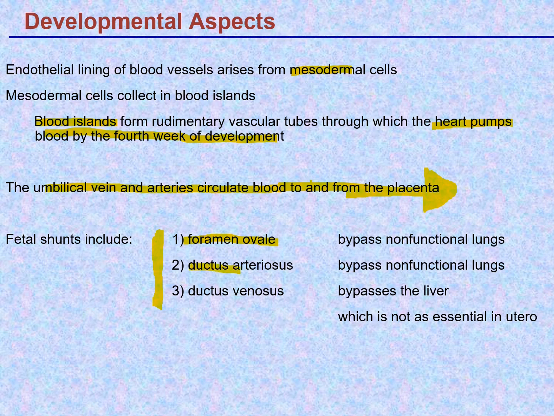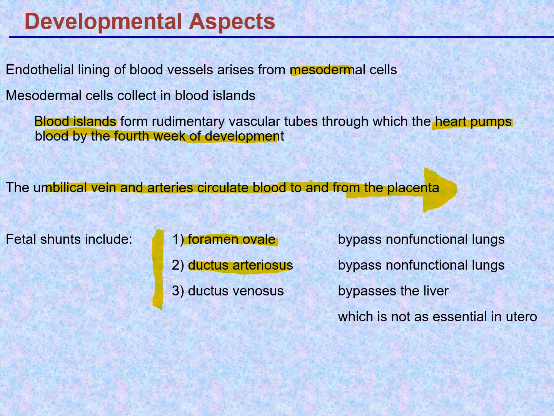There is also the ductus arteriosus, a shunt bypassing the lungs. Blood gets pumped out of the heart up the pulmonary trunk, but most of it doesn't go to the lungs. It goes over through a shunt into the aorta. That structure is called the ductus arteriosus.